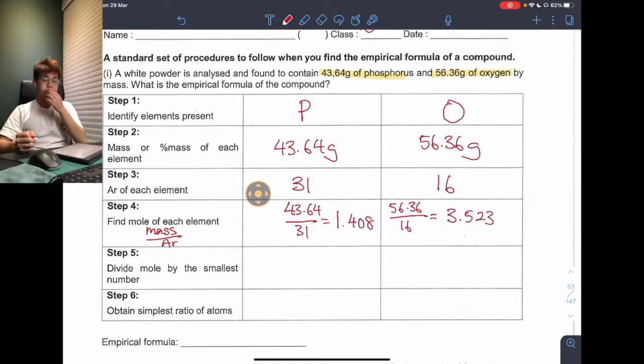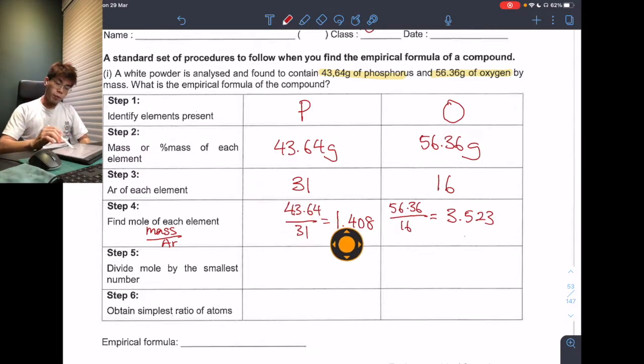and that is 3.523. Step 5 is one that's a bit confusing. Between these two numbers, 1.408 and 3.523, I want to find the lowest ratio. I find the smaller number, which is 1.408, and I divide all of the numbers by it.